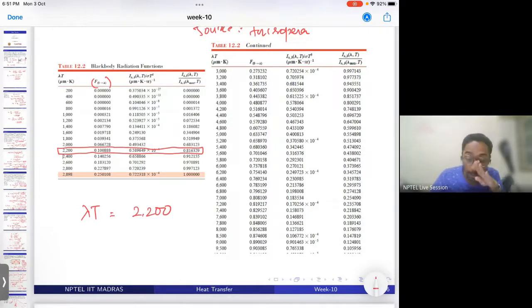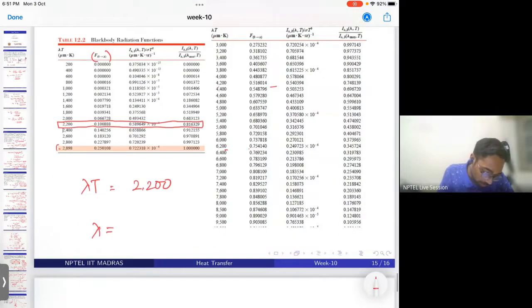So we need to find out up to 10% of the radiation. So from 0 up to 10%, we have selected this row. If it was 25% of the total radiation, it would be this highlighted one. If it is 50%, then somewhere here. If it is 75%, then somewhere here. So for our question, lambda T is 2200. It's just simple.